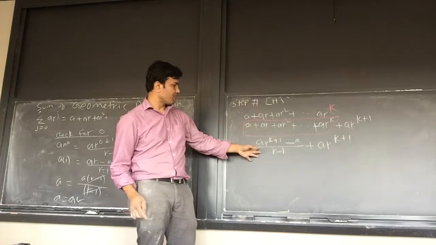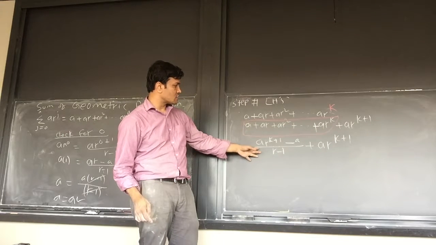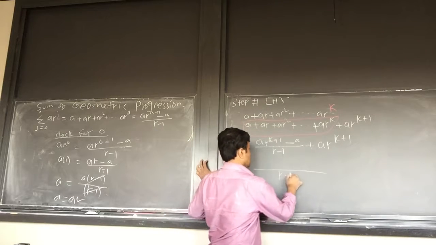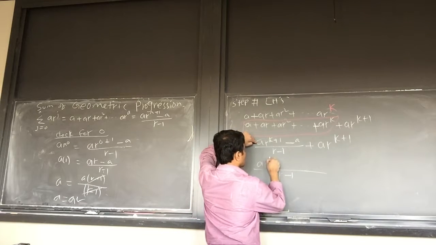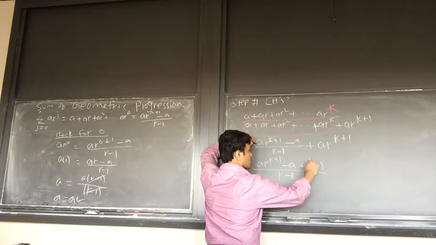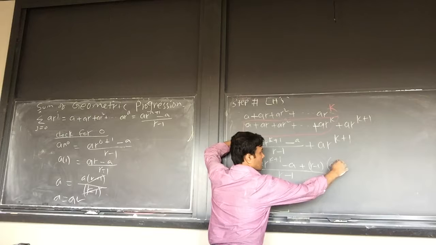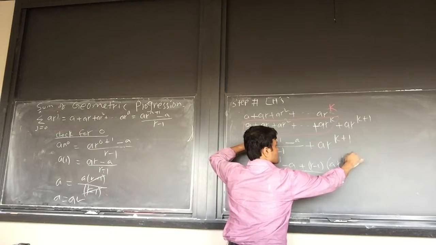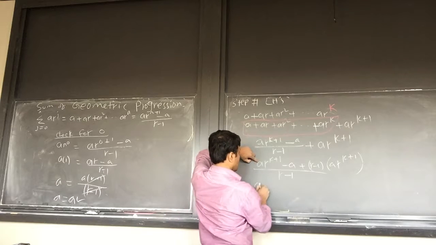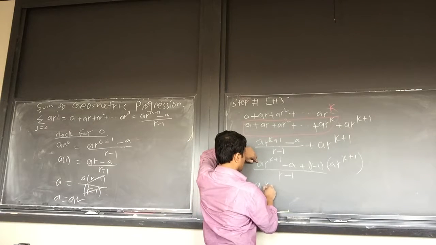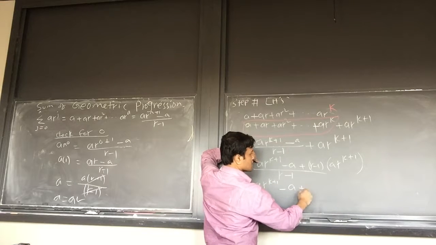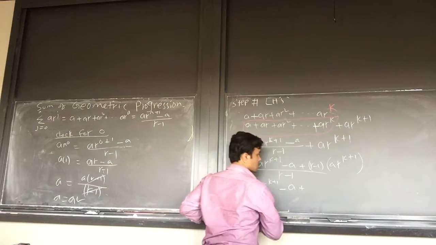So now we need to use algebra. So (ar^(k+1) minus a plus (r minus 1) times ar^(k+1)). Okay, here is kind of tricky.